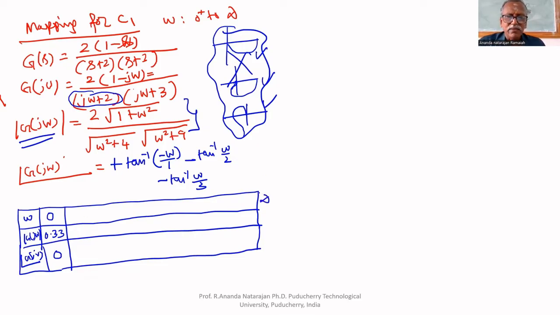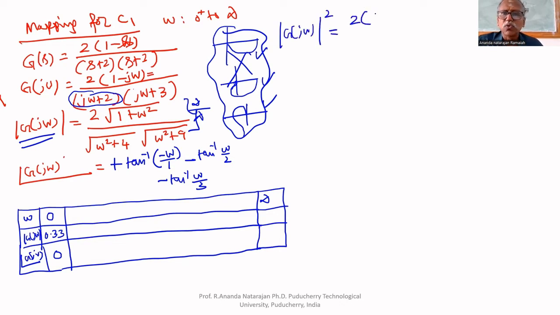When omega equal to infinity, what is the angle and magnitude? What will you get? You will get 0. Substitute omega equal to infinity, as he said, infinity by infinity, undefined. Yes. But what is modulus of G of j omega square?